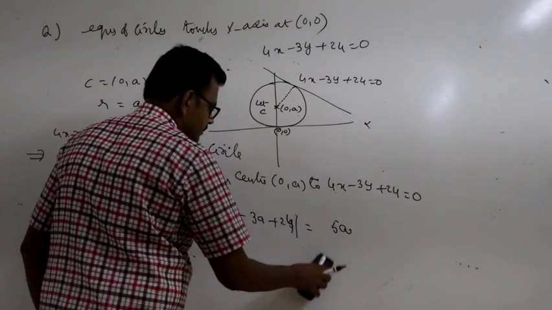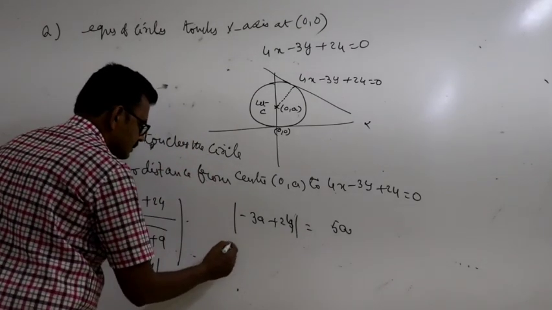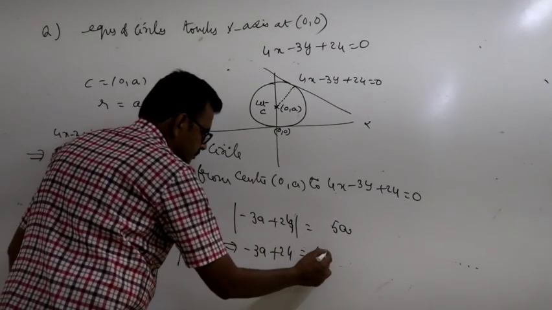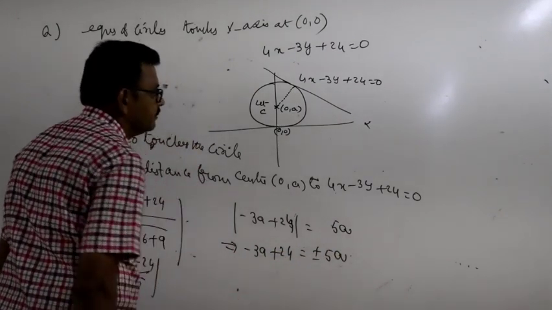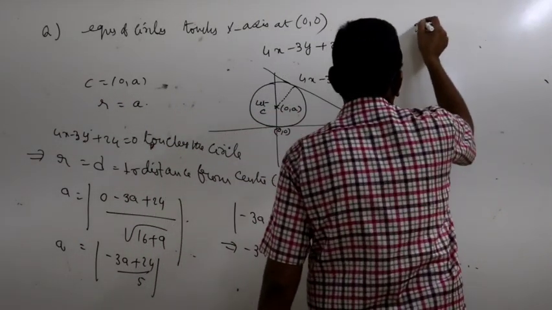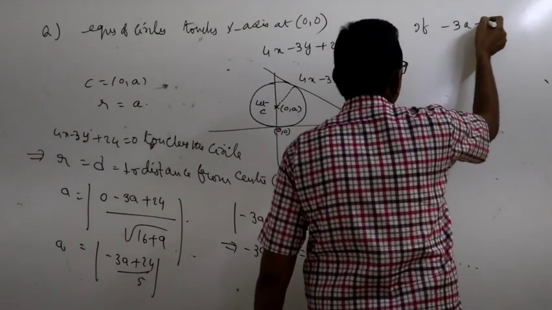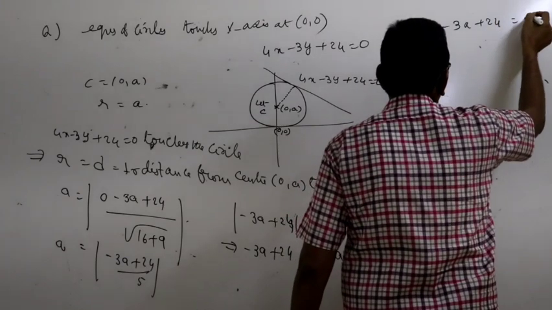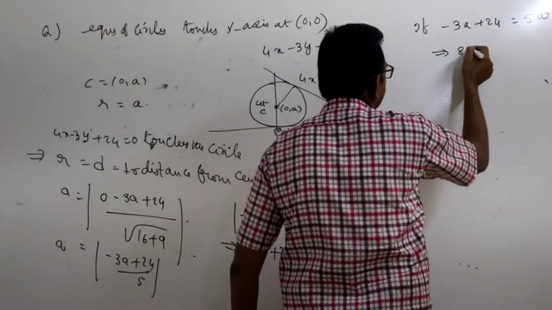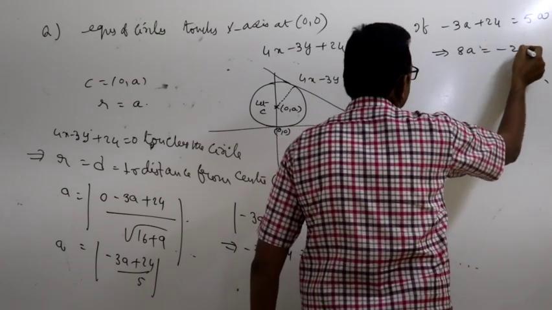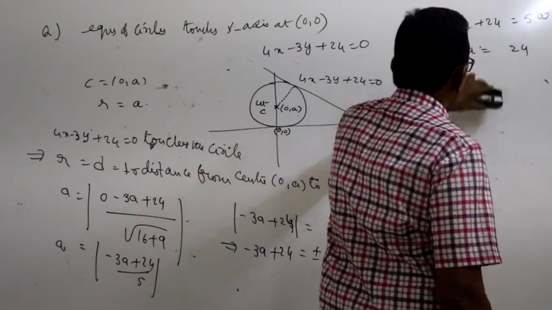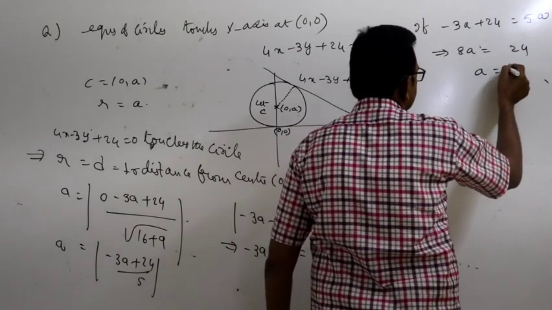If you take the positive value, minus 3a plus 24 equal to plus 5a implies minus 8a is equal to minus 24, so a is 3.